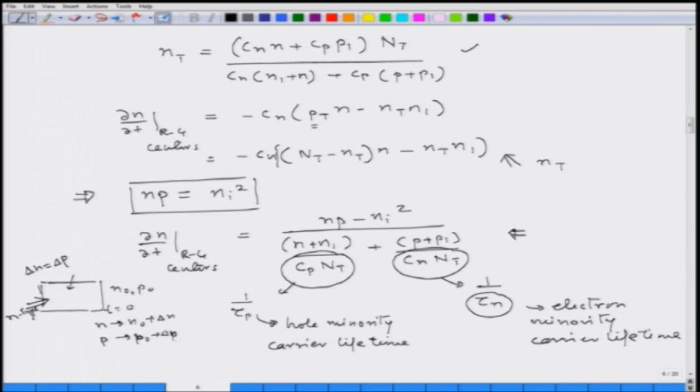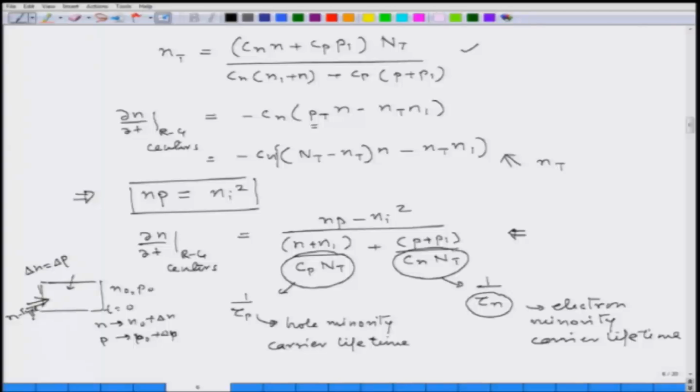If I leave it after increasing this carrier concentration, with time it would eventually relax back to its equilibrium carrier concentration, with the lifetime of tau p. So, that is what it means. It means when a carrier is in its minority role, what is the lifetime of the carrier, how long can it survive in the sea of the majority carrier.